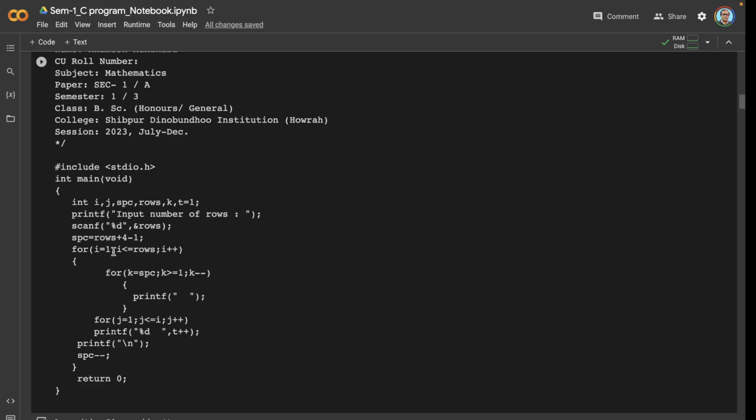This i runs from 1 up to rows, and for k equals spc, k greater than equal to 1, k minus minus, print this space. For j equal to 1, printf is percentage d, t plus plus.